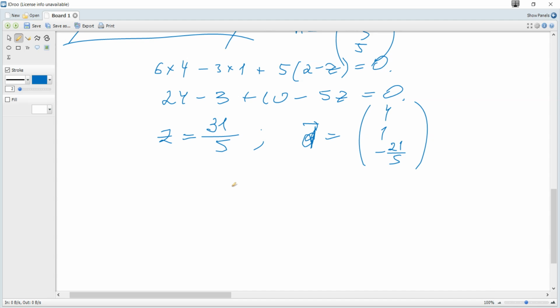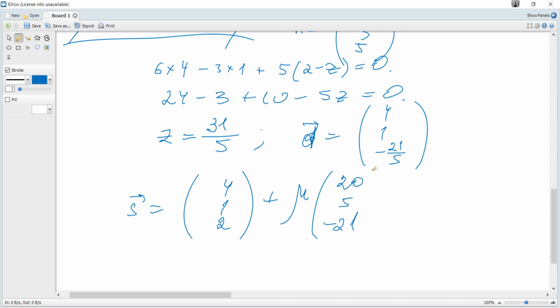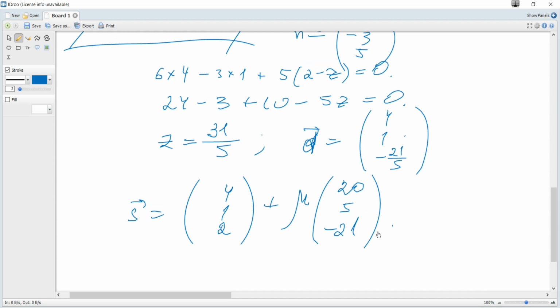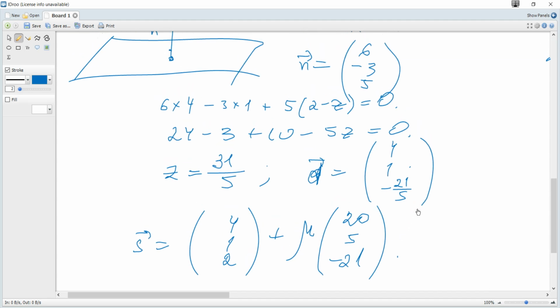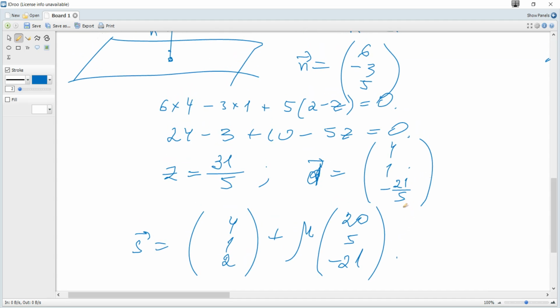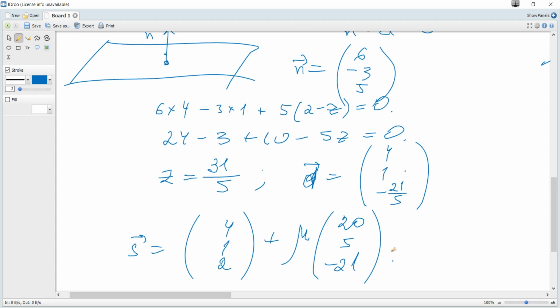So you may write it like this, or you may write finally that it's 4, 1, 2 plus mu 4, 1, negative 21 over 5, or multiplying by 5 to get 20, 5 and negative 21. It doesn't matter, it's correct. This or this. And that's all for this question.